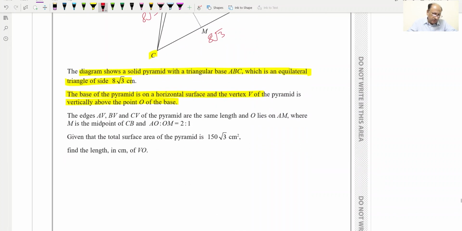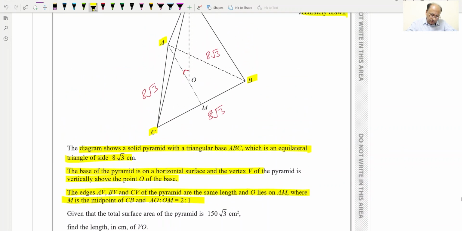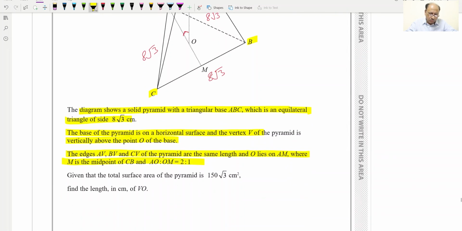Hopefully you understood this. Then the edges AV, BV and CV of the pyramid are the same length and O lies on AM, where M is the midpoint of CB, and the ratio AO to OM is 2 to 1.